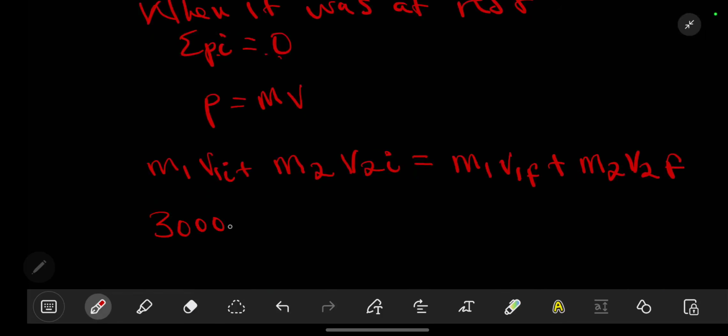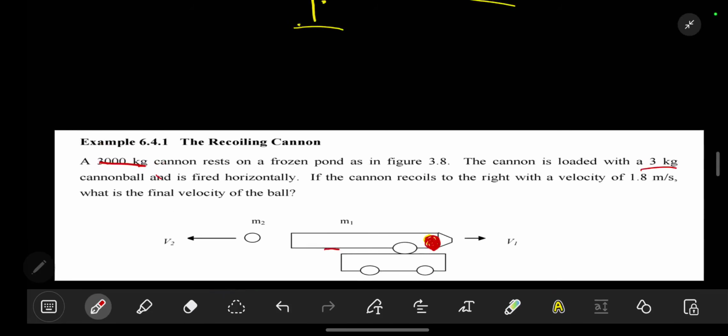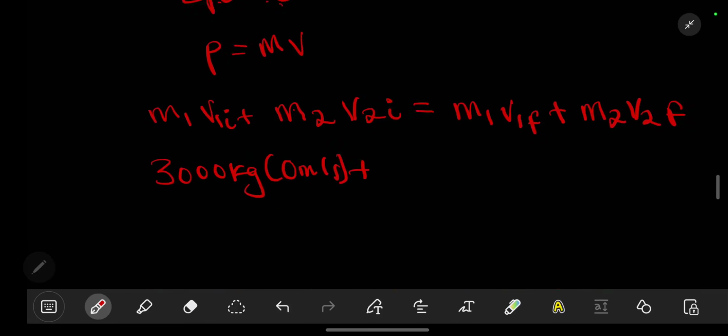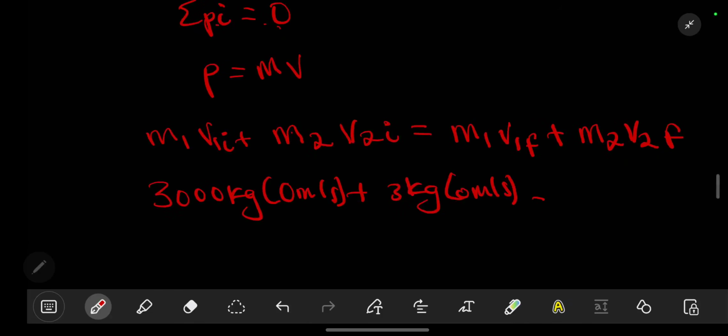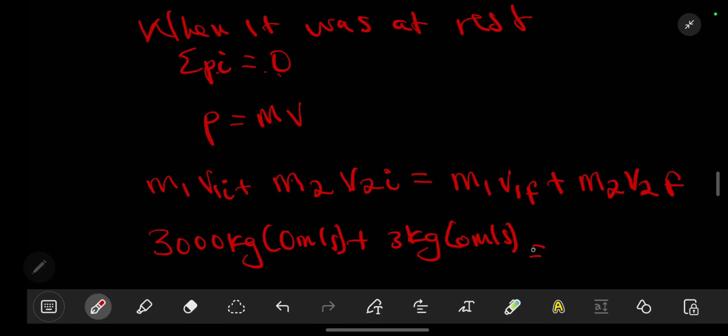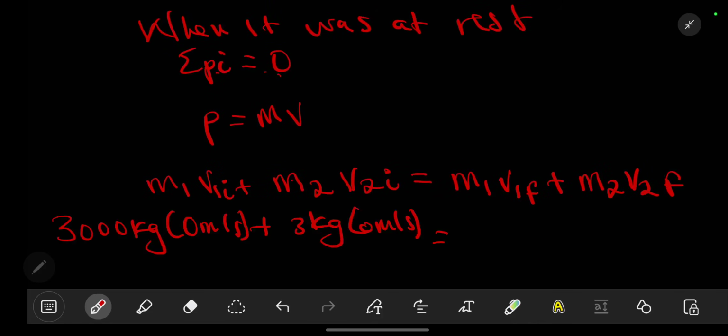So we can say 3000 kg, the mass has to be in kg, times 0 meters per second. It wasn't moving. Plus mass number 2, which we are told is 3 kg, so plus 3 kg times 0. It wasn't moving as well, so that's why we are going to have a 0. That should be equal to mass number 1, which is 3000 kg.